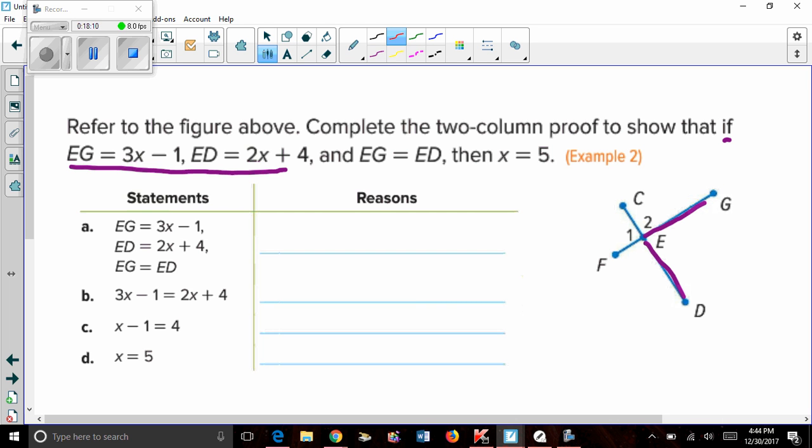In geometry, we use a little hash mark to represent that those two pieces are equal. Then this part is our conclusion statement we see down here, x equals 5. Well, let's see what we find. That part that said if went as our first statement, our given.